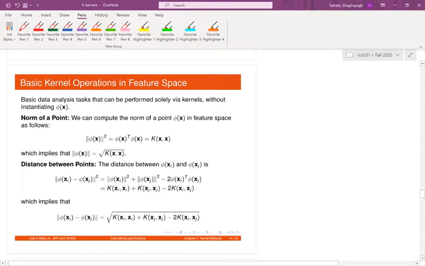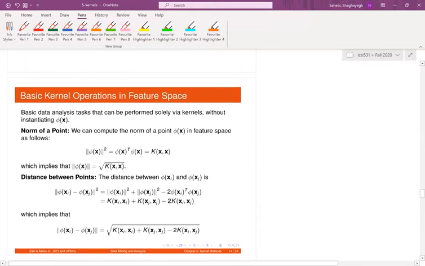One of the very simple operations that we used to do on a numeric vector in the input space was that we could calculate the norm of a data point or the norm of a vector, right? So what was the norm of a point?